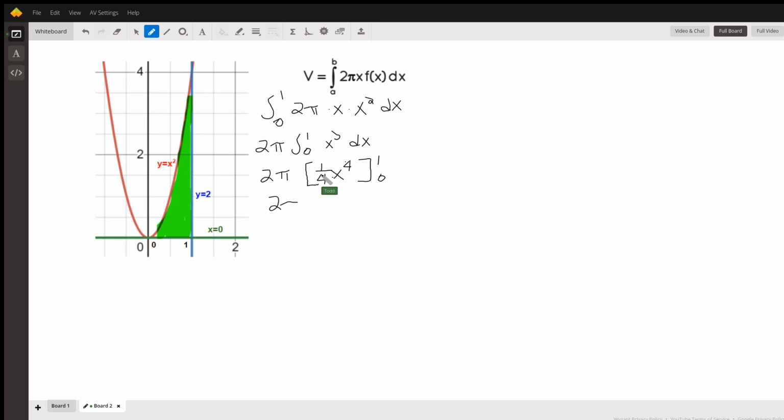So it's 2 pi times, if we put 1 in for x, 1/4 times 1 to the fourth, and then minus, we put 0 in for x, 1/4 times 0 to the fourth.